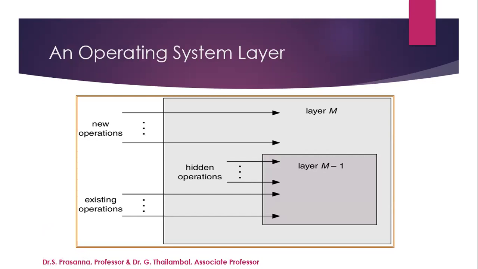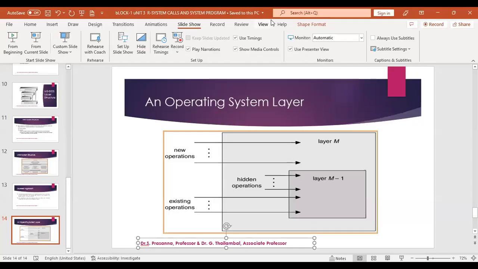When new operations come, a new layer can be created above the m-1 layer, and that is layer m. So every new operation will be stored in the layer above the lower-level layer. So any number of layers can be created in an operating system environment. Thank you, students.